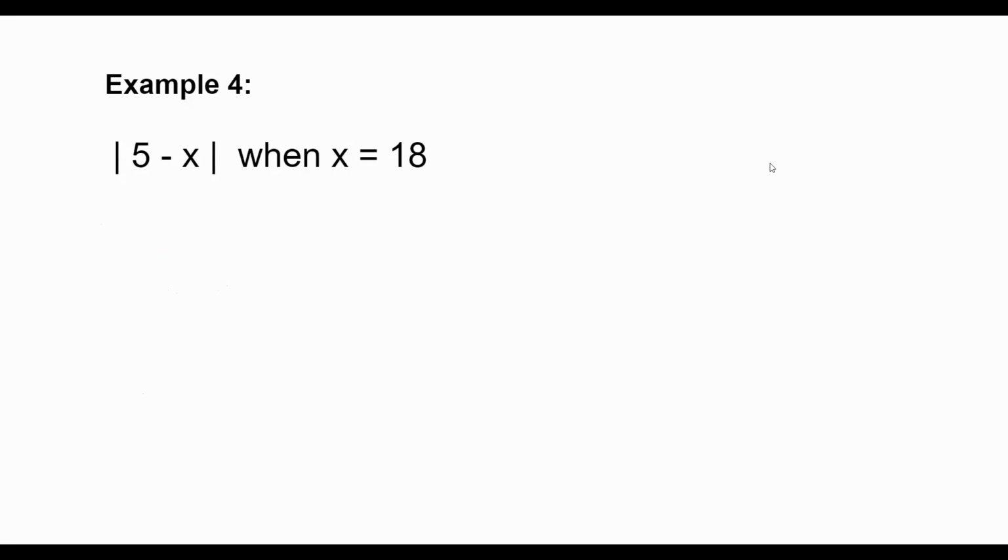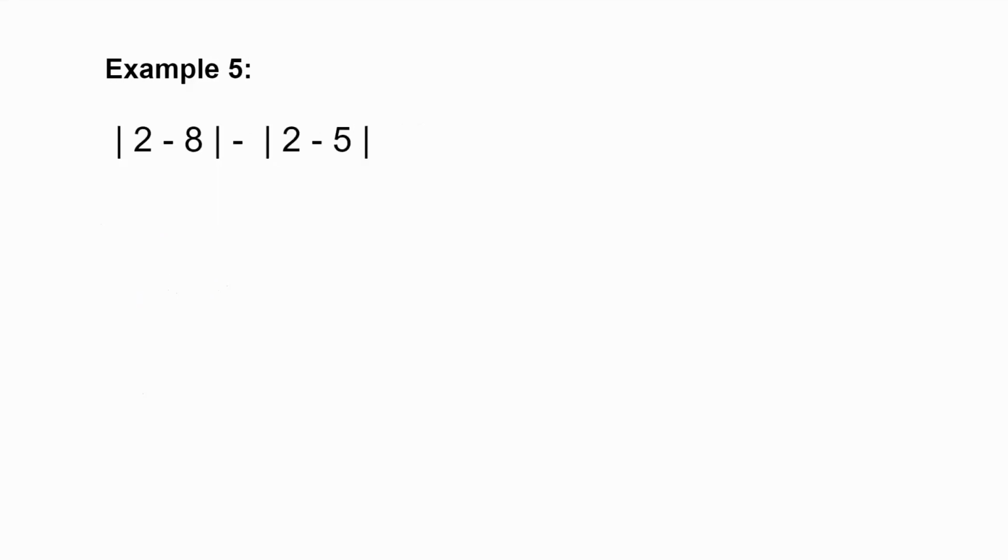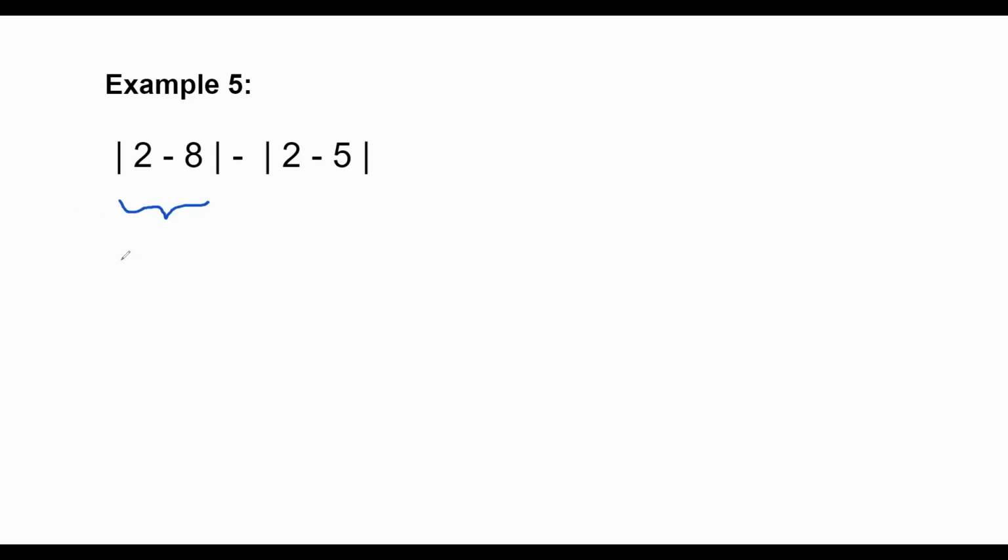Example 5. Here we have two absolute values. This is starting to get a little bit messy, but we just have to handle them one at a time. So let's do this one first. We'll leave the absolute value until we get all of the math inside simplified. 2 minus 8 is -6. The subtraction just follows down.